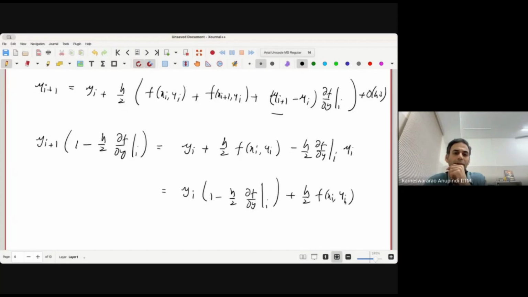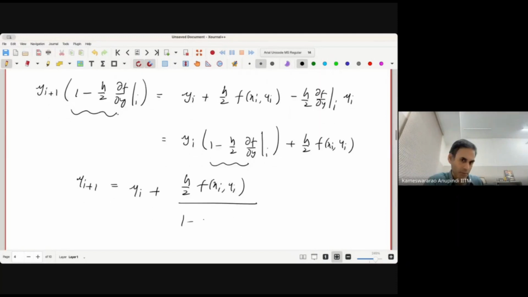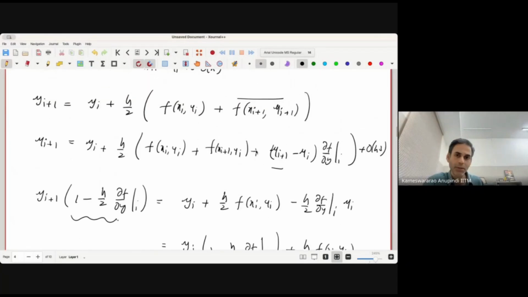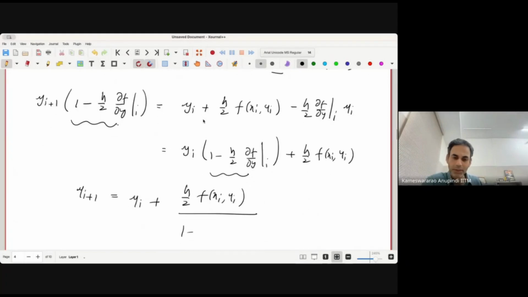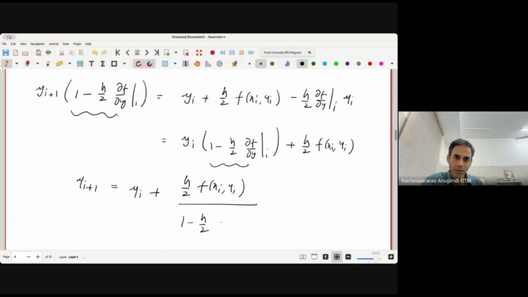Is it correct? Did I miss something? So that means y_{i+1} equals, I can divide with this factor, so I can write this as y_i plus h by 2 f of x_i, y_i, divided by, oh sorry, not that. I think I made a mistake here. So yeah, this is correct: y_i plus h by 2 f of x_i, y_i divided by 1 minus h by 2 partial f by partial y at i.